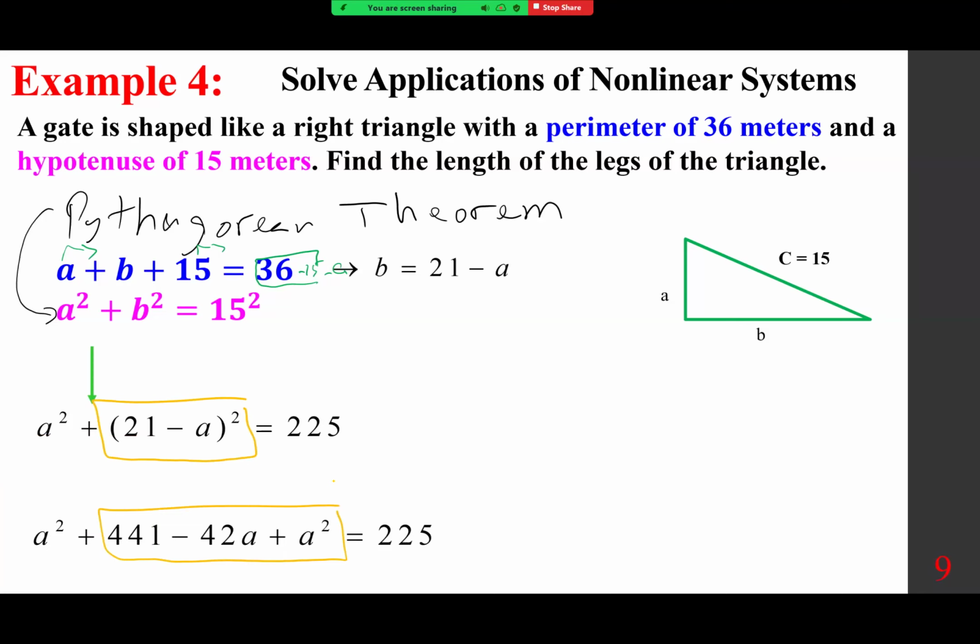So we are going to combine these two into 2A squared. And at the same time, we are going to subtract 225 to set everything equal to 0. We bring everything to the same side.